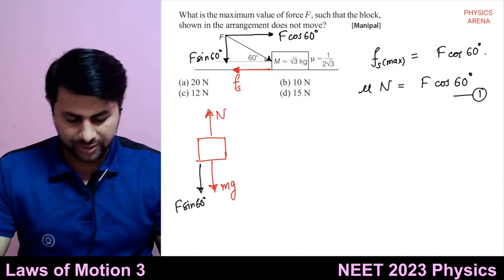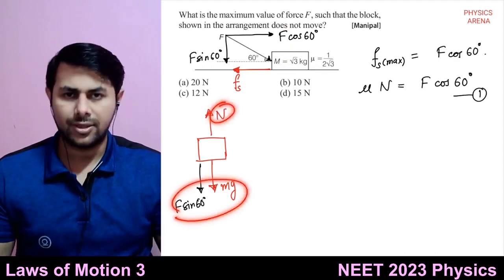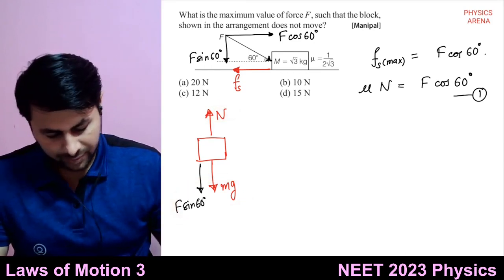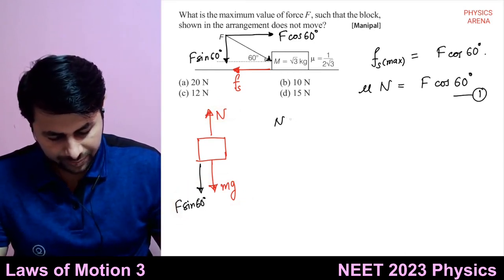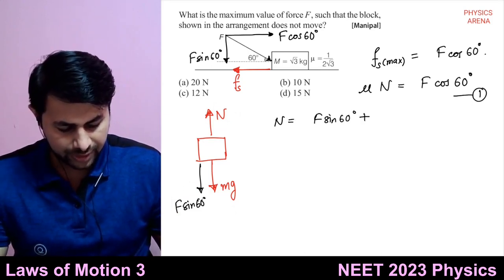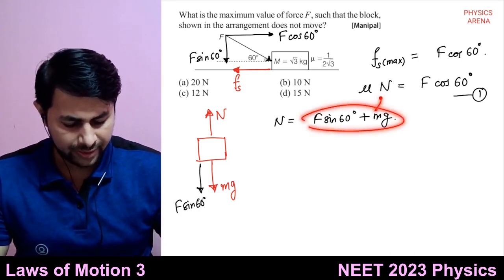So what can we say? That N is equal to, the total upward force is equal to the total downward force. Okay, so force is balanced, and that's why I can say N is equal to F sin 60 plus mg.